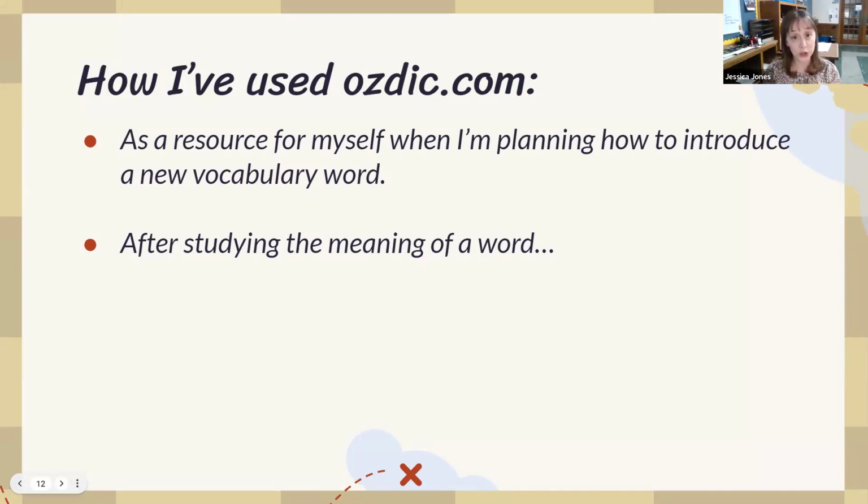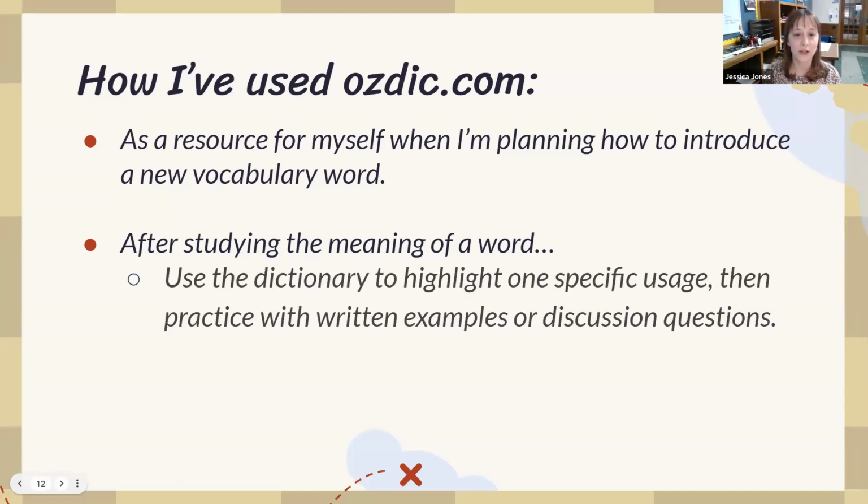I don't use it with the students right away if it's a new word, but I might use it for myself to think about what are the important contexts and grammatical features that go with this word that I want to be sure to introduce. So it helps me as a resource for planning what I'm going to say about this word or how to use it. And then, as I mentioned, after the students and I have studied the meaning of the word, then go ahead and click.